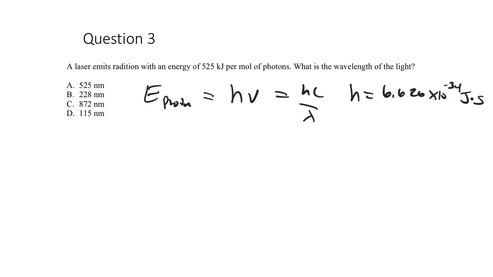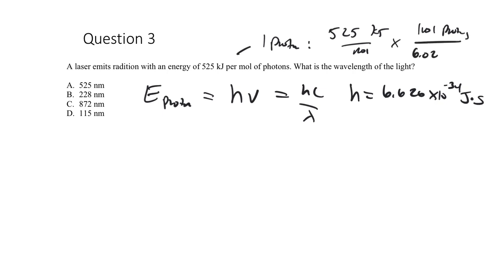And so what we need to do is calculate the energy of just one photon. So what's the energy of one photon? Well, if it's 525 kJs per mole, 1 mole of photons is an Avogadro's number of photons.